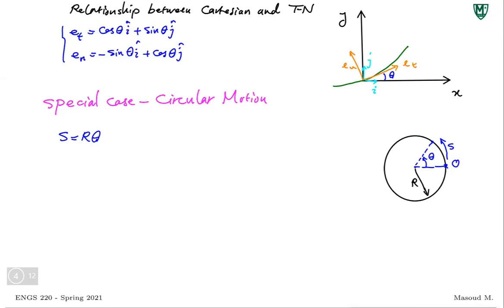This is just given. This is not from dynamics. This is what we know already for a path. As long as theta is in radians, multiplied by r, it gives you the length of the curve formed because of that theta motion. Now, if you take the derivative with respect to time, ds/dt equals r d theta/dt. So ds/dt is v.